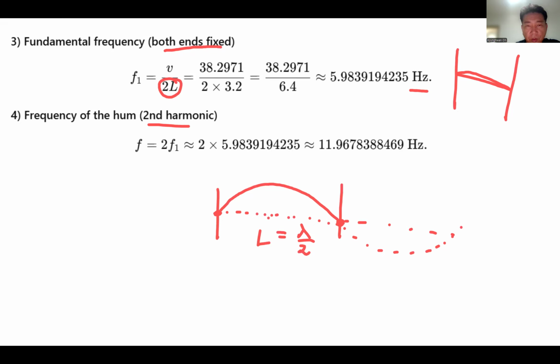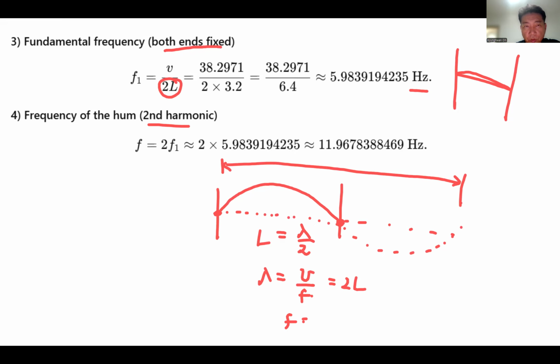This is the L, this is the lambda. And then lambda is given by v over f, okay? Such that lambda is 2L, and then the frequency is v over 2L.